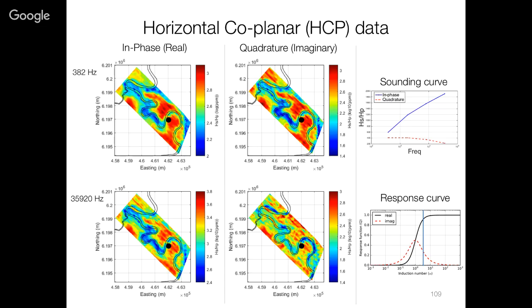So it's like this part of the curve is kind of on here, and this part of the curve, the quadrature part, is coming down. So that sounding here is really quite consistent with this curve and this being actually a high induction number, which means high conductivity. Low resistivity, high conductivity, which I think is probably what you meant.